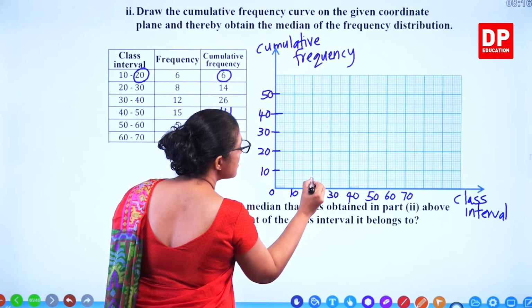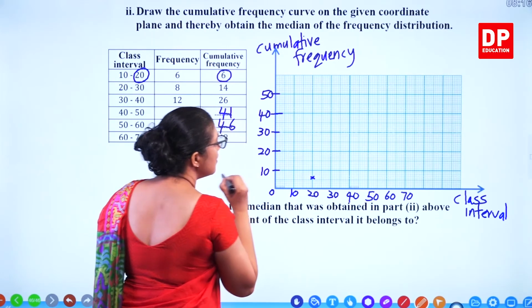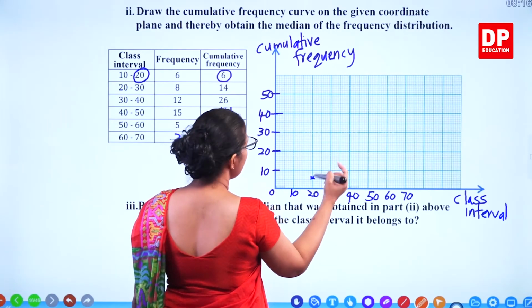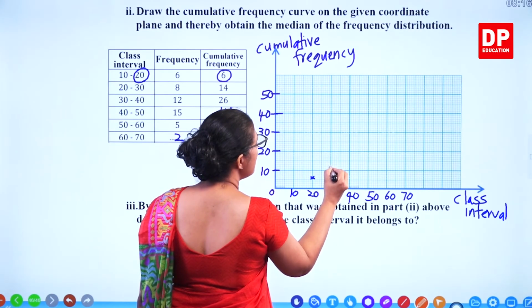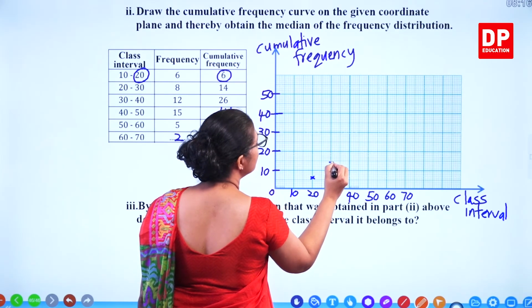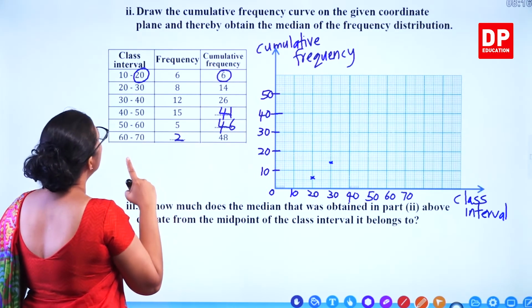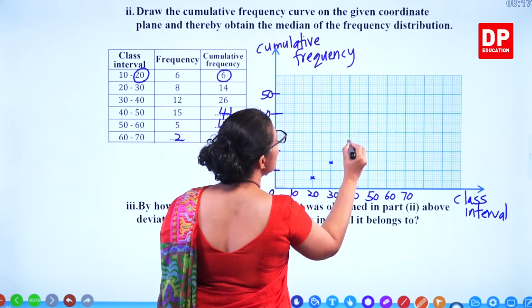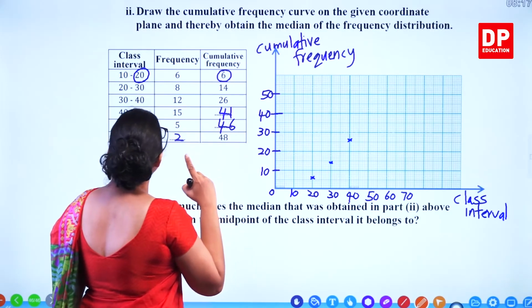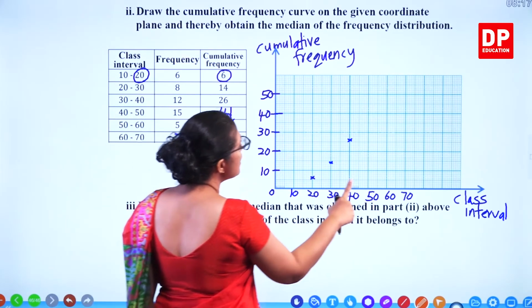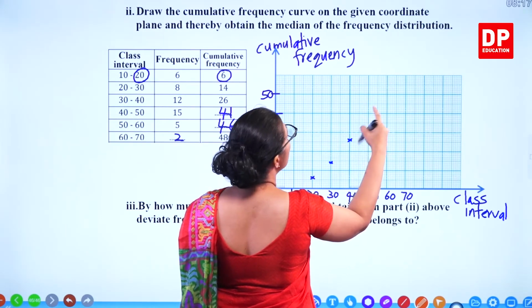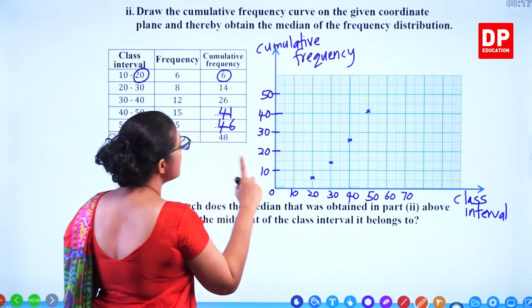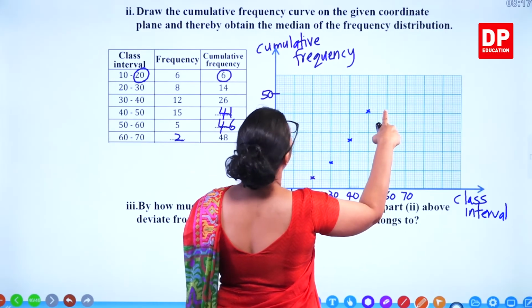So 6 means 6 squares. 30 with 14, that is 10 and 4 squares. 40 with 26. 50 with 41, 1 square here. 60 with 46.